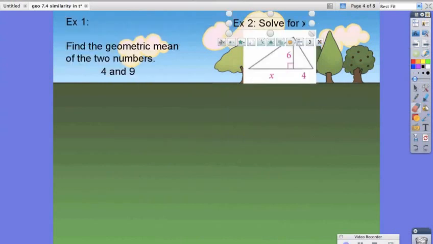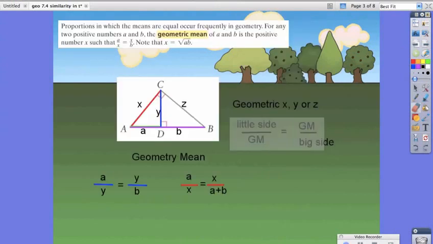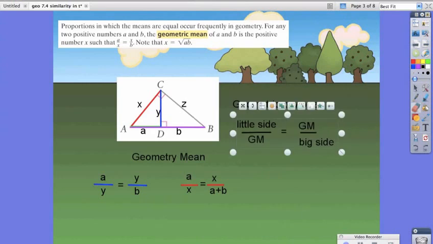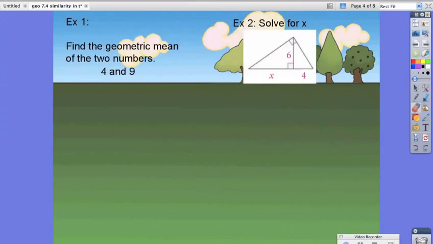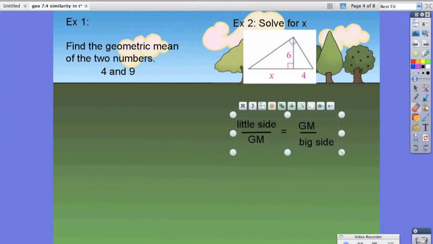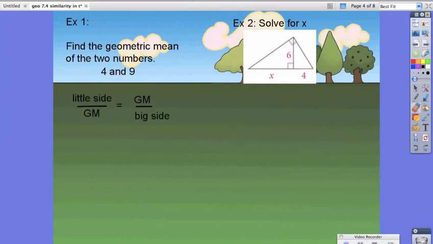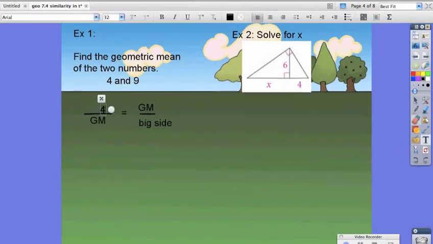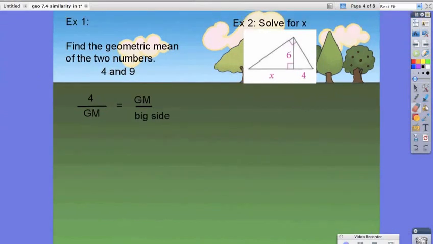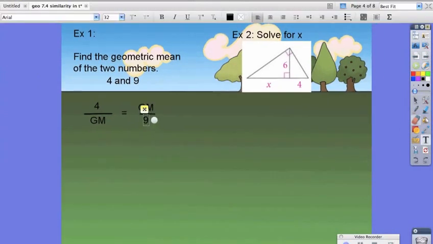Now sometimes in the book they'll give you two numbers and they'll ask you to find the geometric mean. If you were listening, you could use the following example that I put up, which I'm going to copy into this page. So, our geometric mean is the stuff that we don't know, which we have to calculate. So I'm going to take our little side and call that 4. I'm going to take our big side and call that 9.